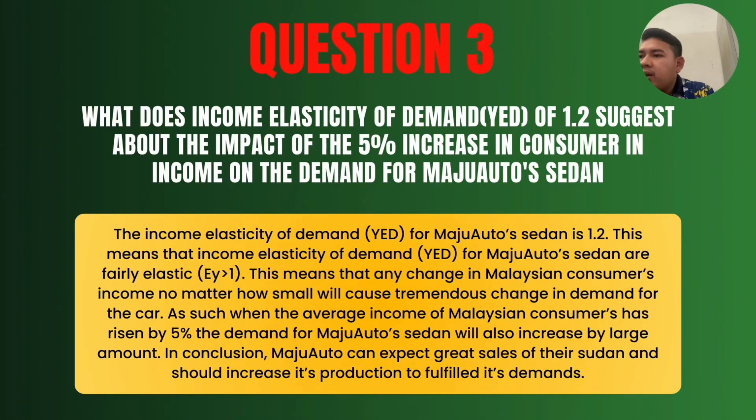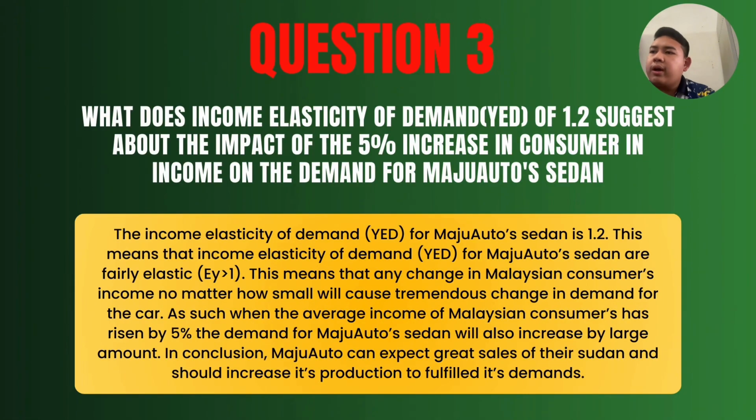Then, this also means that because of the 5% increase in income of the consumer, the quantity demanded will also increase. But we don't know how much, at least not yet. Let's find out.